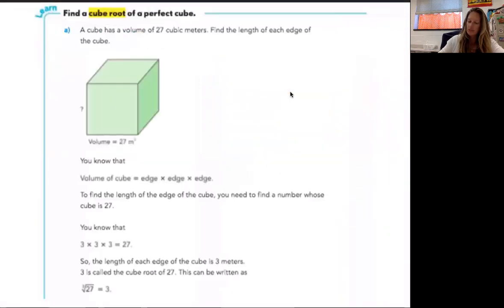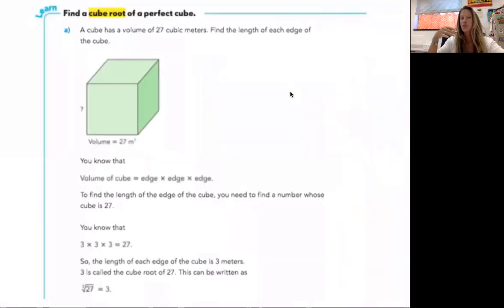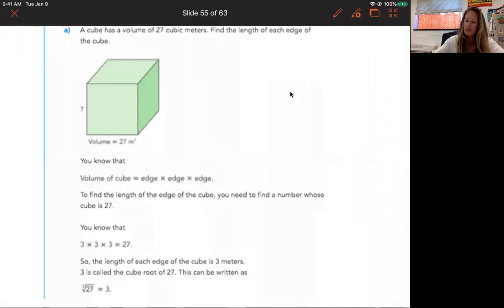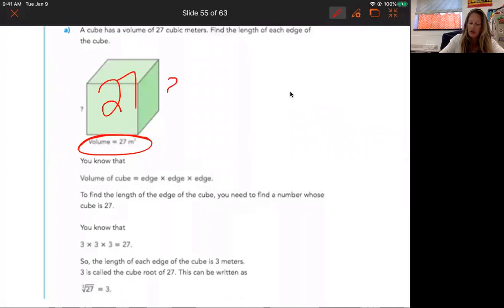Very similarly to when we did squares and square roots, now we're finding the cube root. It's going to give us the volume of the cube, and we need to figure out the length of the side. So this is saying, hey, if the volume is 27 meters cubed, I need to figure out the length of just one of my sides, the length, the width, and the depth.